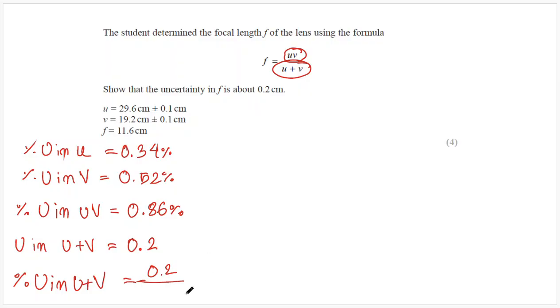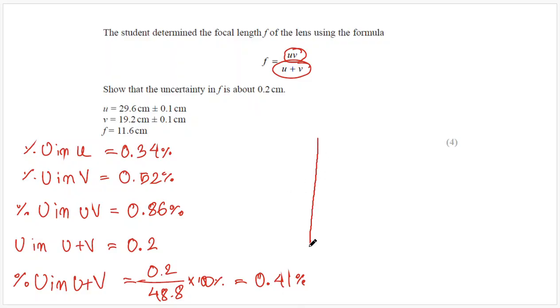That's 48.4, sorry, 40.8 times 100. So this value is 0.2 by 48.8 times 100. This value is 0.41%. Right?